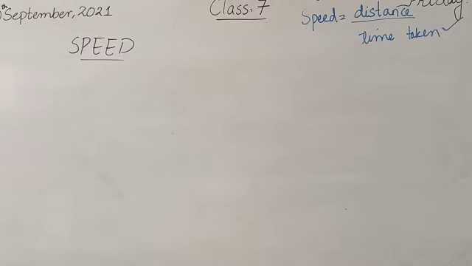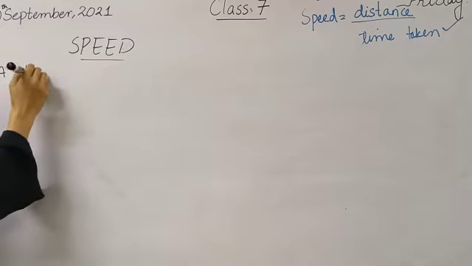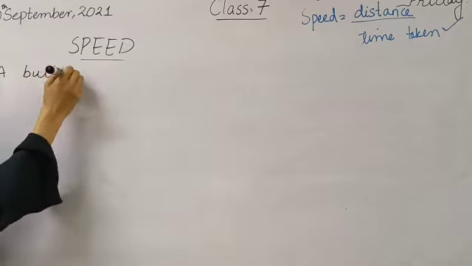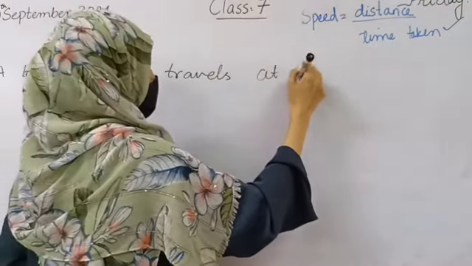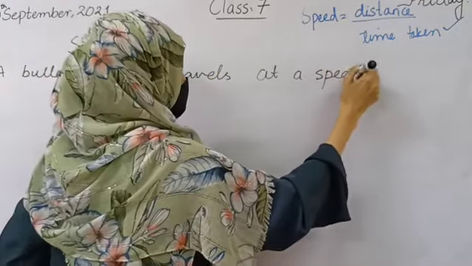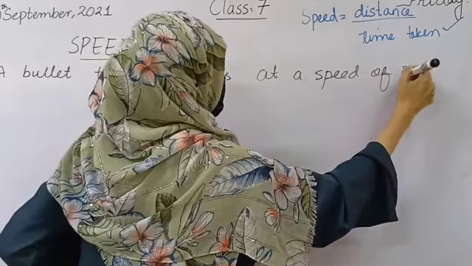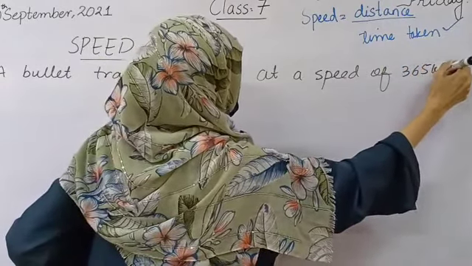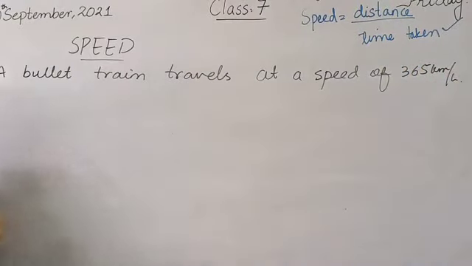Second problem: a bullet train travels at a speed of kilometer per hour. Okay?